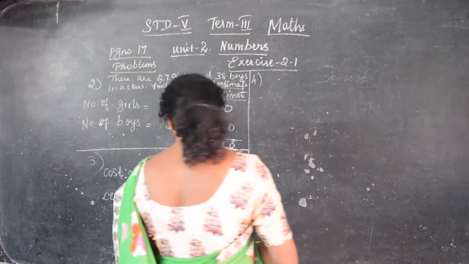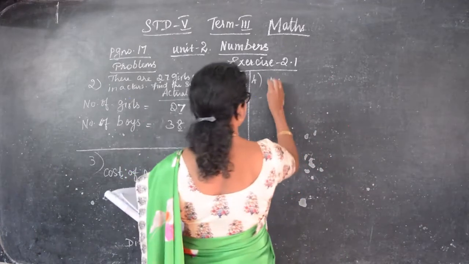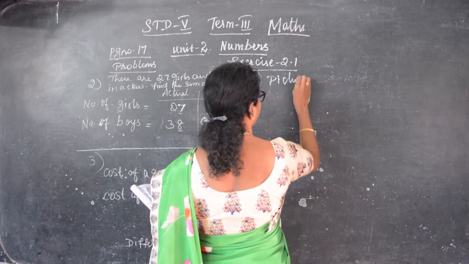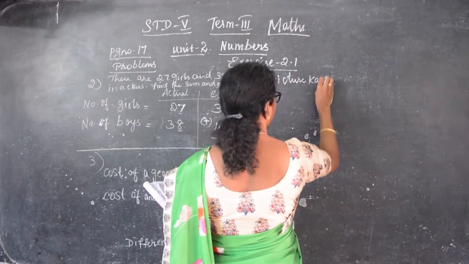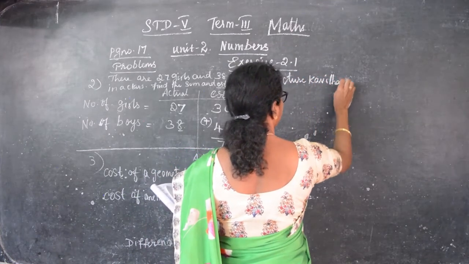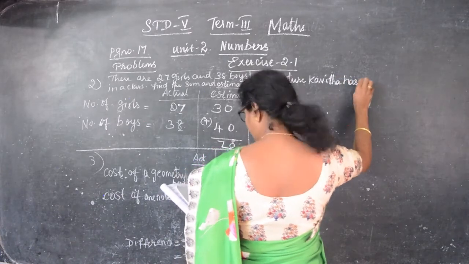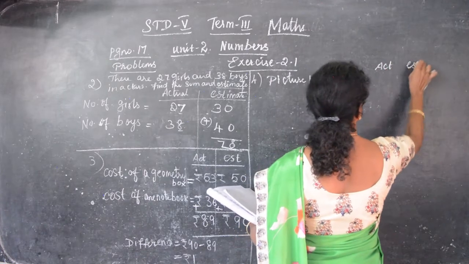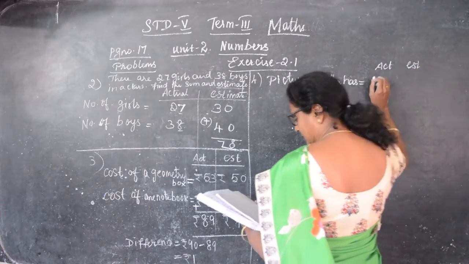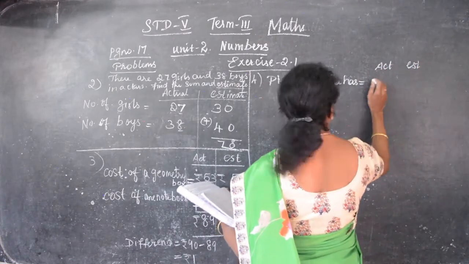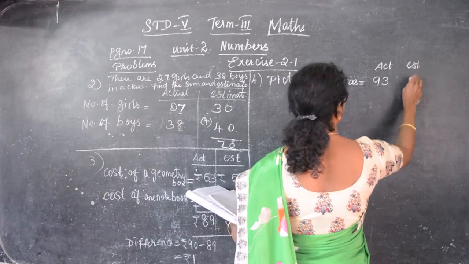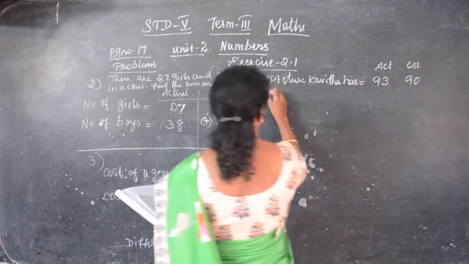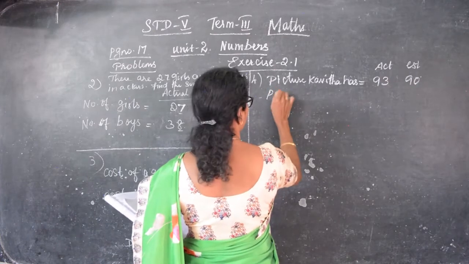The fourth sum: pictures Kavita has is equal to how many pictures she has? You can write actual and estimated. Actual is 93 pictures. Estimation is 90.